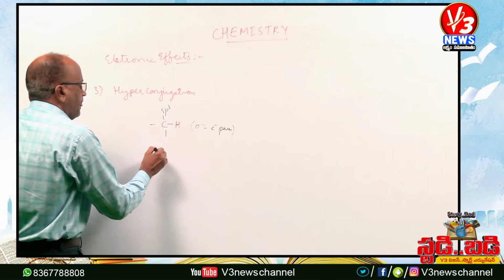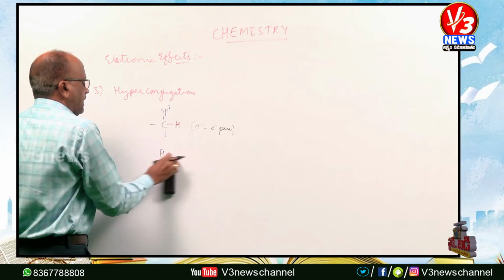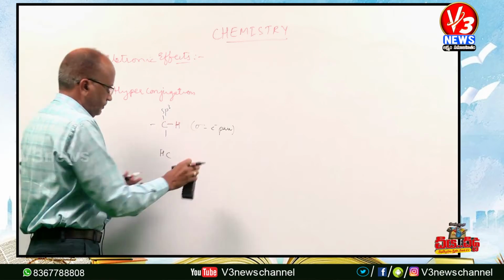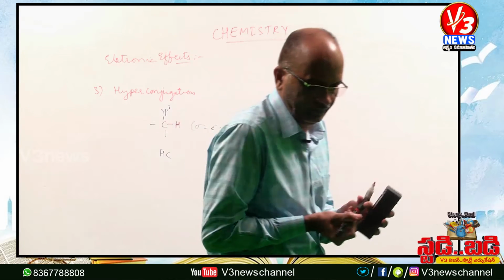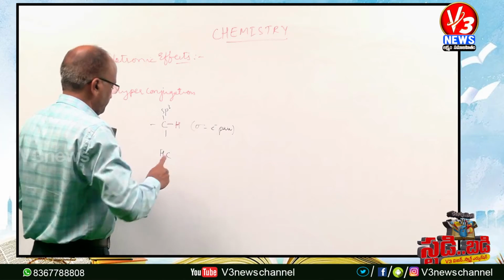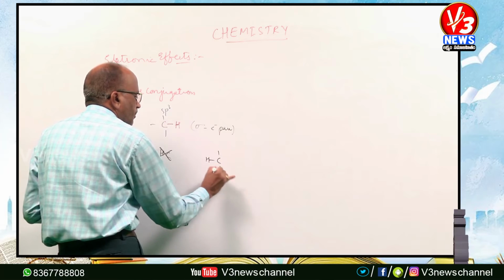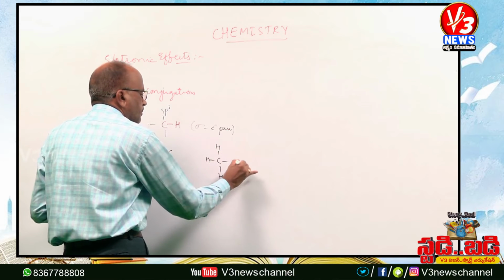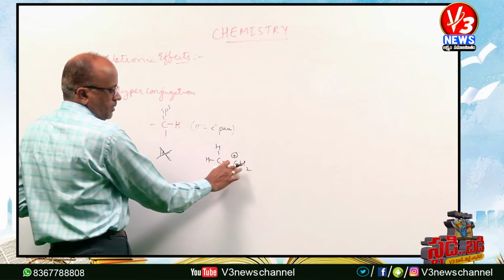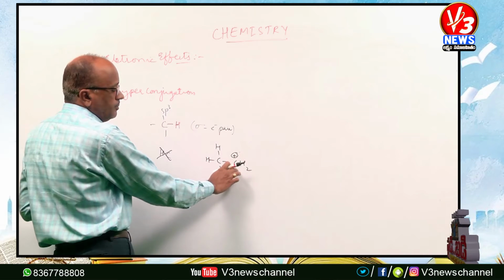For example, I will take the ethyl carbocation. This is the ethyl carbocation. Now this is an unsaturated system. It contains an empty p orbital.